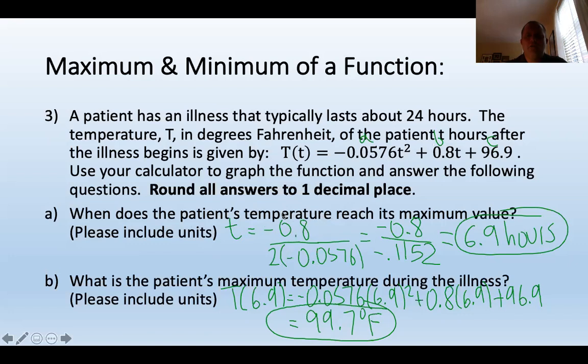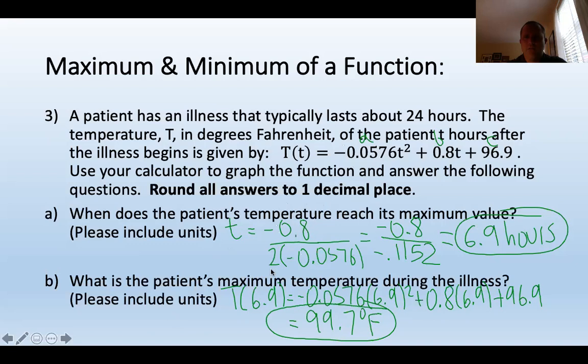So to solve for when a patient's temperature reaches its maximum, we set little t equal to negative b over 2a. Now, a is negative 0.0576, b is 0.8, and c is 96.9. This ends up being little t equals negative b, which is negative 0.8, over 2 times negative 0.0576.